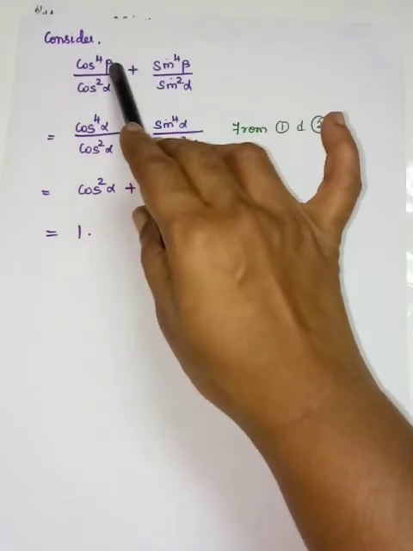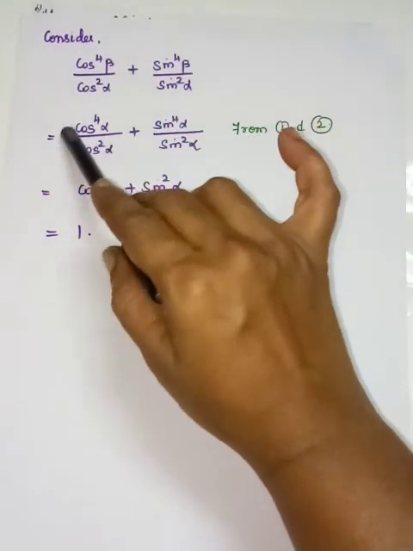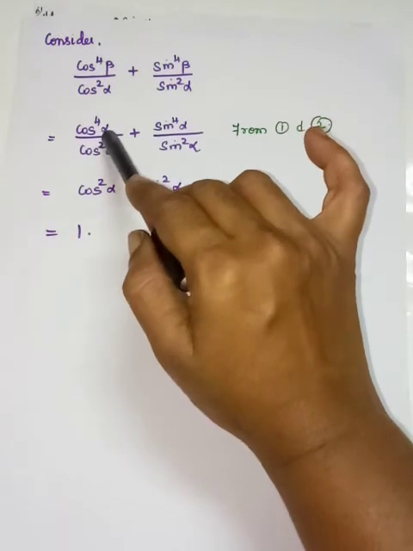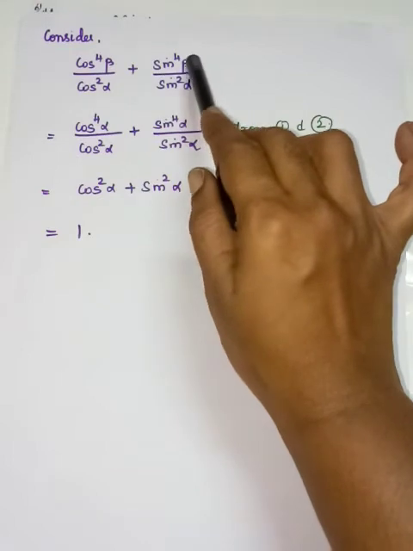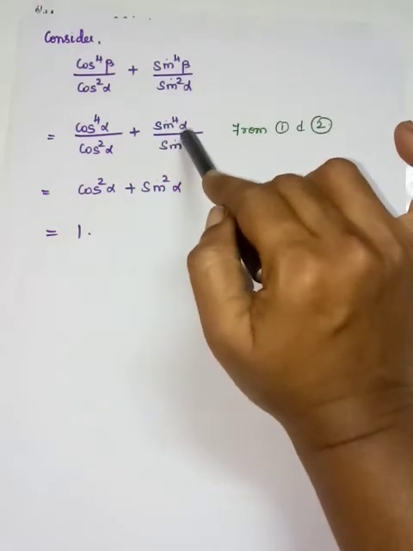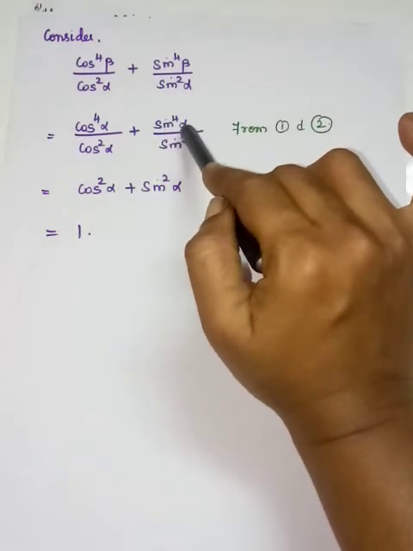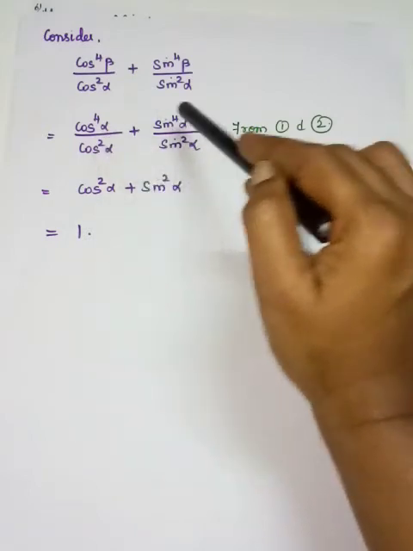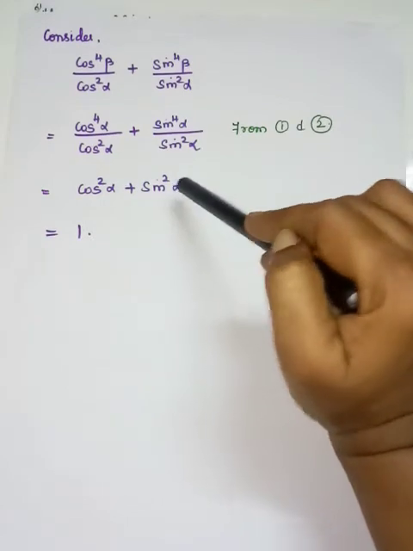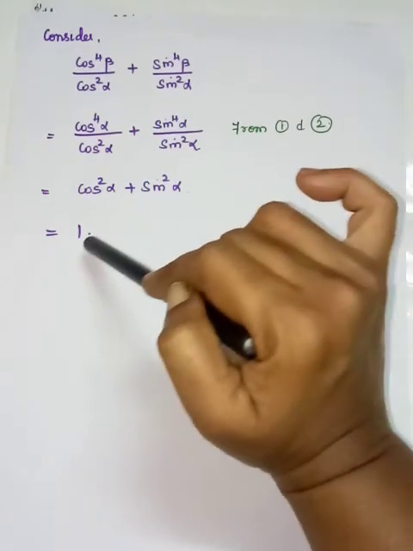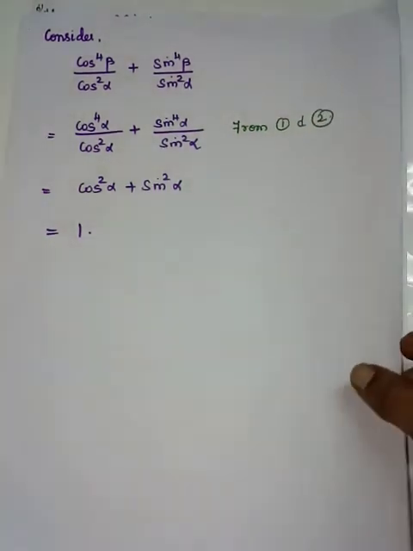In the place of cos beta, you are going to substitute cos alpha because both are equal. So cos power 4 alpha. In the same way, in the place of sin beta, you can write sin alpha. So sin alpha to the power 4. So if it gets cancelled, the remaining is cos squared alpha plus sin squared alpha. It is a well known identity, so that is equal to 1. So we have proved the result.